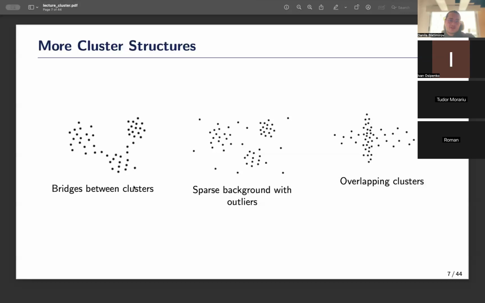Another is clusters connected by bridges. Clusters may be linked by some connections, which complicates the work of many clustering algorithms.